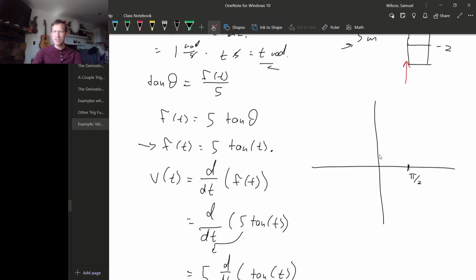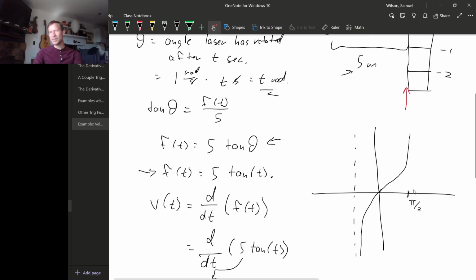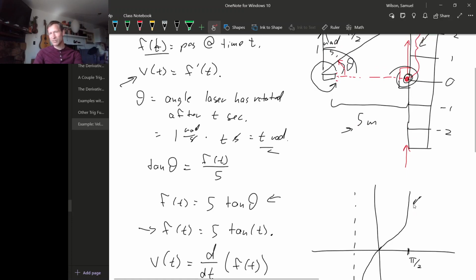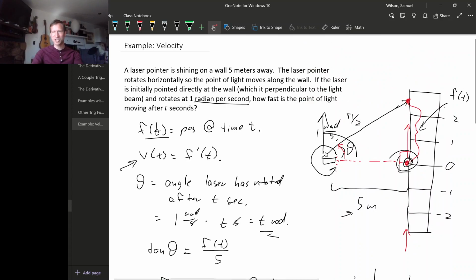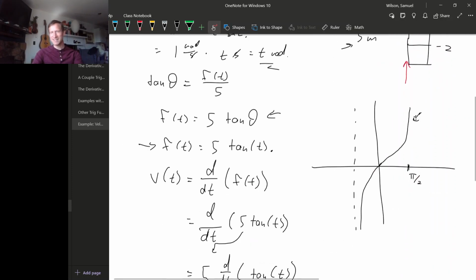And 5 tangent x, that's our position function, looks like this. And if we go backwards in time, it goes like this, right? This makes sense because when the laser is almost parallel to the wall, this point is going to be moving very quickly. Imagine shining the laser out this way. A small change in angle will make the point of light move a long way along the wall. So it makes sense that we have this vertical asymptote here.